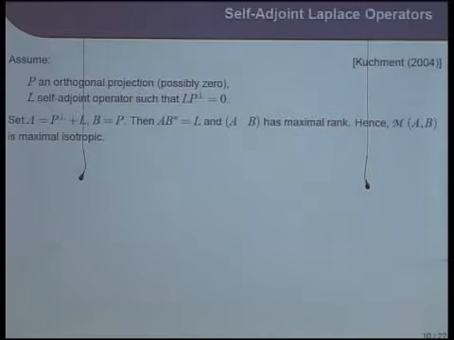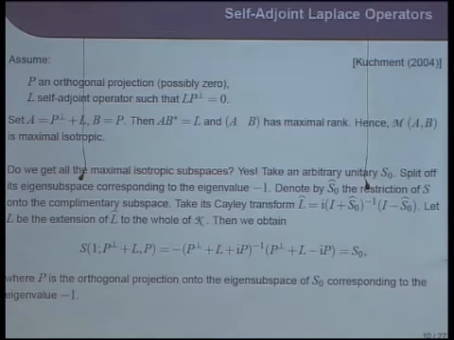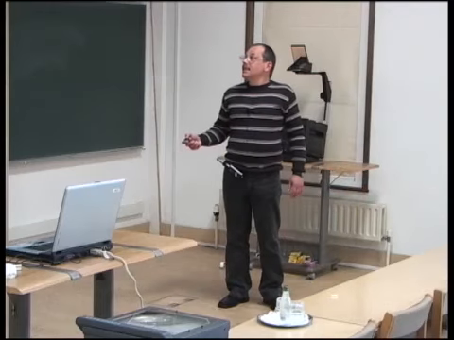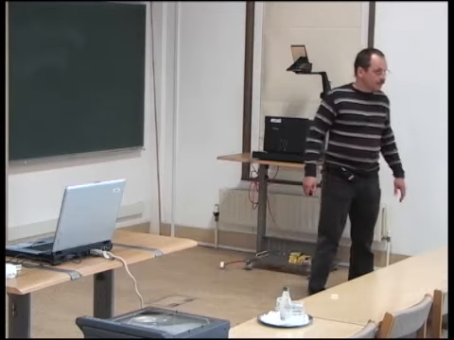And the next question. Do we get this way all self-adjoint extensions? The answer is yes. It's quite easy to see. Let's start with some given unitary S0. It corresponds to a self-adjoint operator. If S0 has an eigenvalue -1, let's split off this subspace.